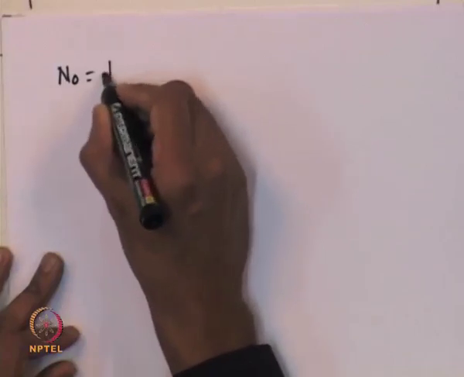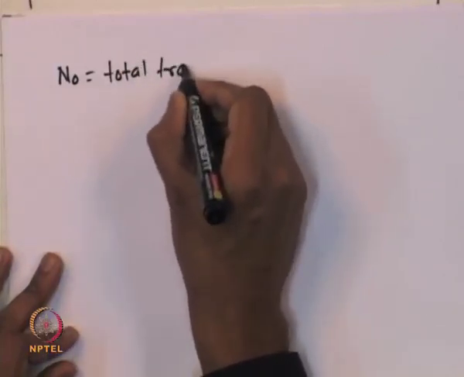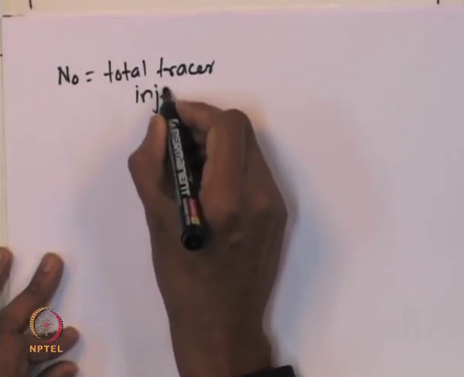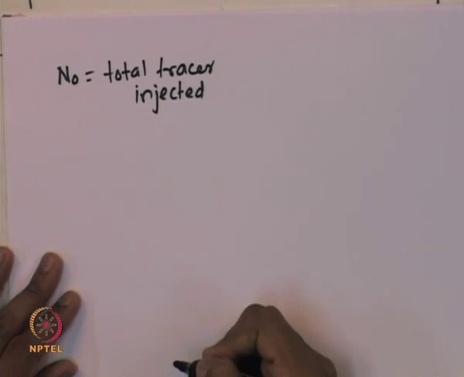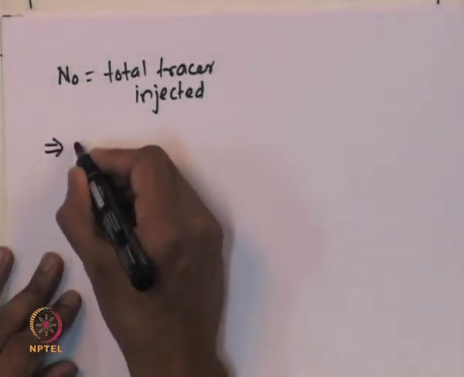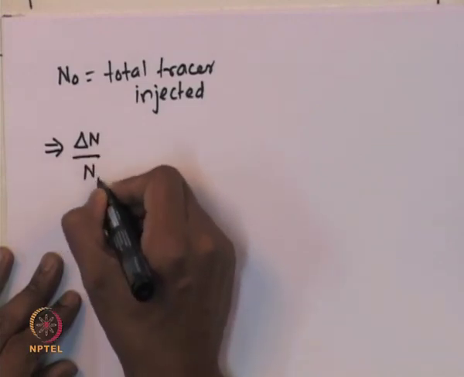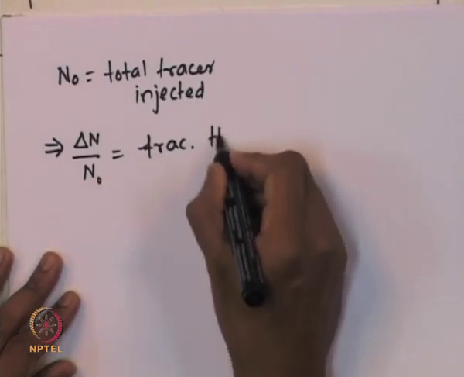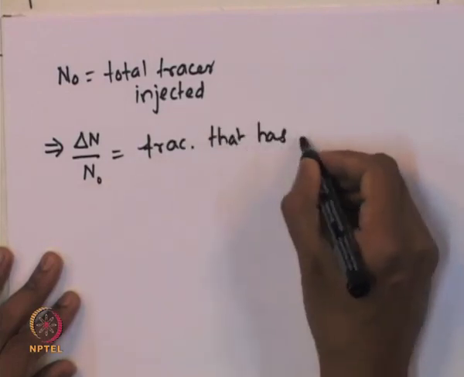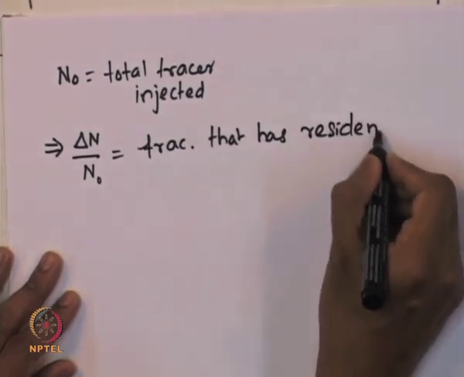Now, if N naught, as we observed in the schematic before, is the total tracer injected, that is the total amount of tracer which is injected into the vessel, then delta N by N naught is nothing but the fraction that has residence time somewhere between t and t plus delta t.